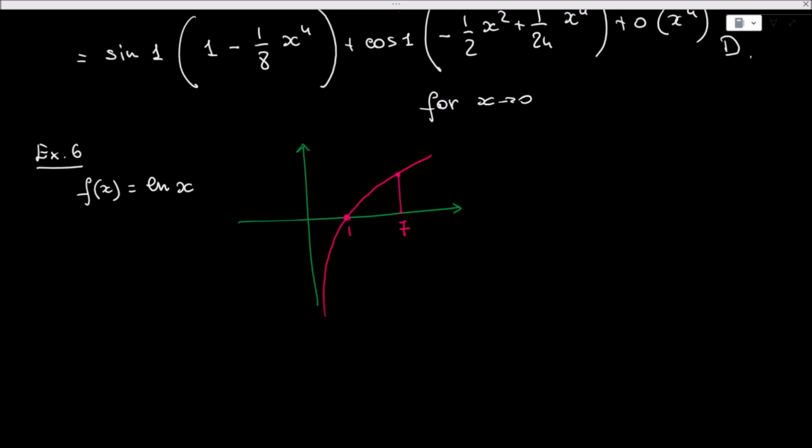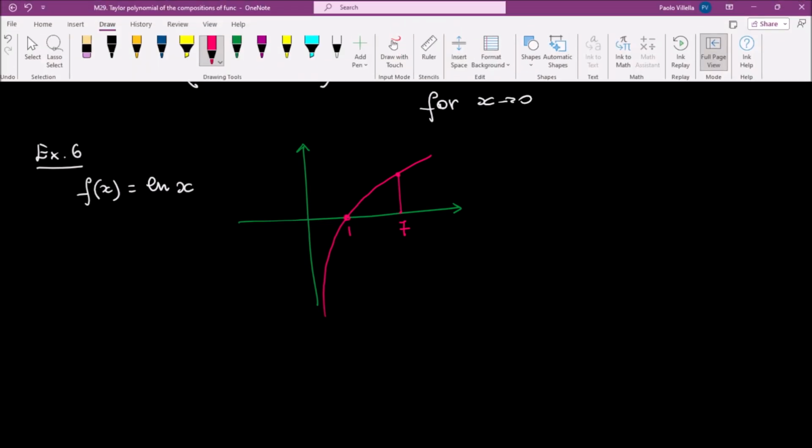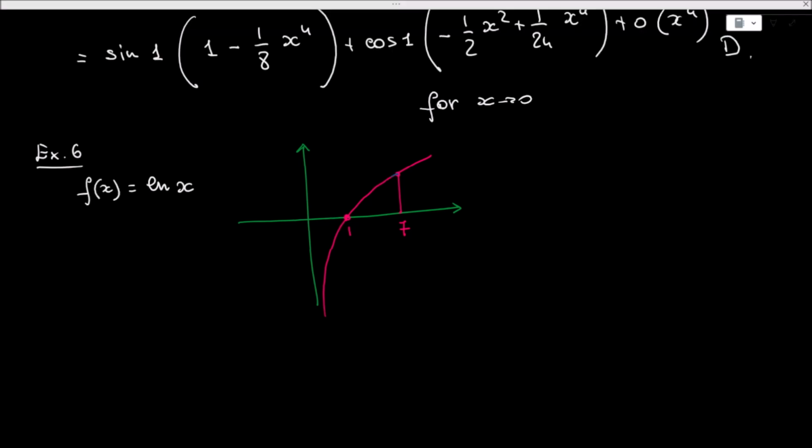Okay, so what we are trying to do now is basically finding an approximation of the logarithm with the polynomial function, which will do something like this. It will be a good approximation only in a neighborhood of 7.